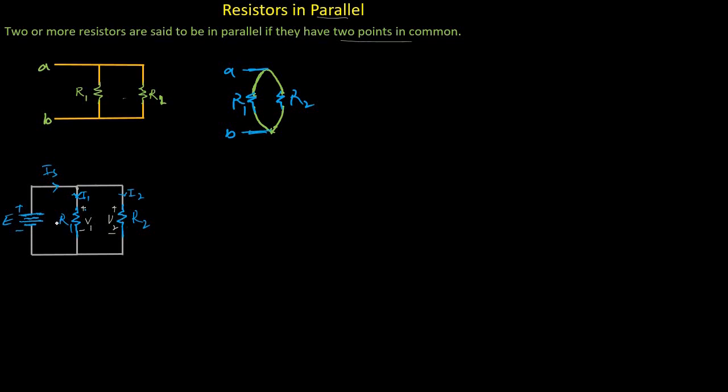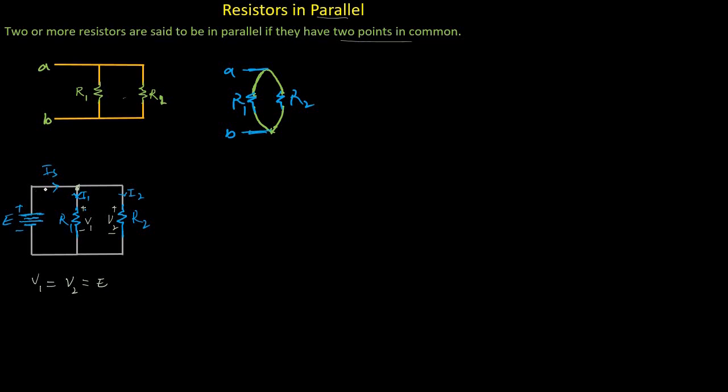For a parallel connection, the voltage drop across the first and the second resistor is equal to the input voltage, or simply we can say that V1 is equal to V2. The voltage drop across the first resistor is equal to the voltage drop across the second resistor, which is equal to the input voltage of this parallel circuit. It means that the potential at this point is the same as the potential of this DC voltage source.